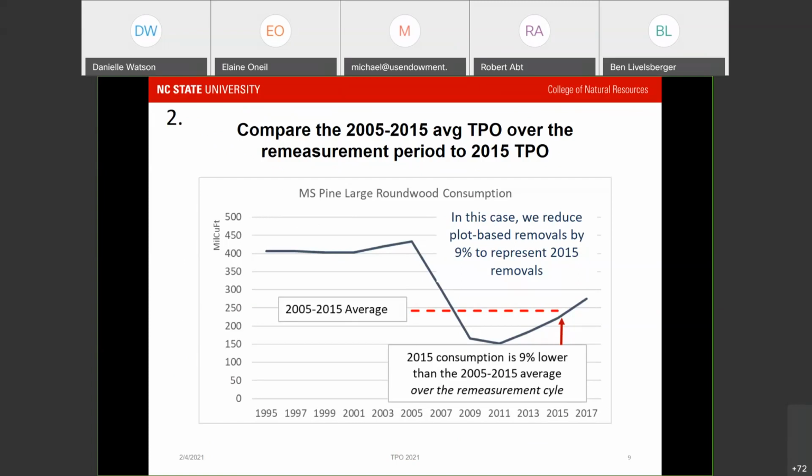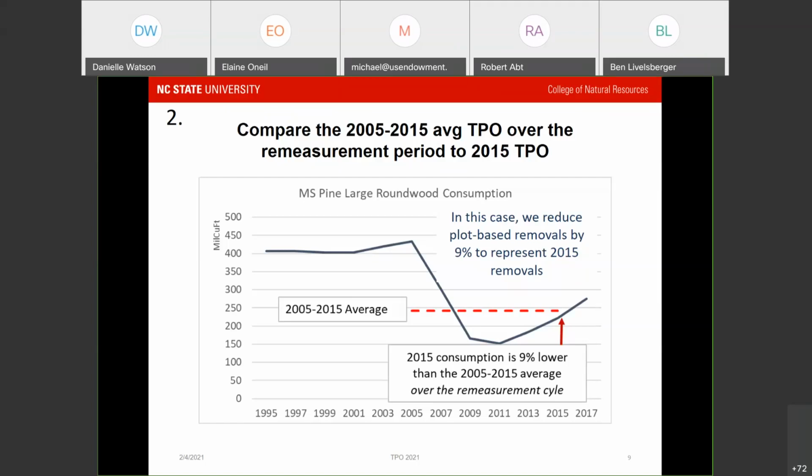But in this hypothetical example, the Mississippi roundwood consumption data may show the trend that we see on the blue line. The plot data may be spread over the 2000 to 2015 period. And what I'm trying to do is look at the TPO removal trend over the period where we were sampling the data on plots, and then compare 2015 to the average.